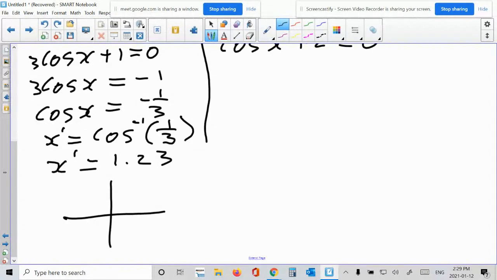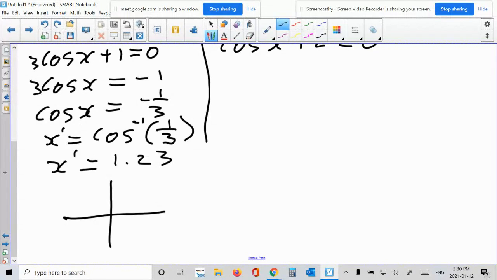Perfect. Okay. So here's where the negative comes in for me. This is the come out style way, right? I ask the calculator for cosine to the minus 1 of 1/3, but originally the cosine was negative. So this 1.23 needs to go where cosine is negative.